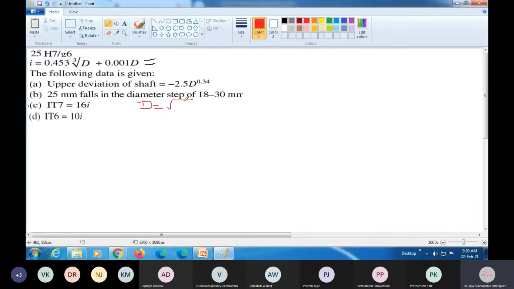Root of D1 into D2, where D1 is 18 and D2 is 30. So this is your D1 and this is D2. What was the value of D we had calculated?